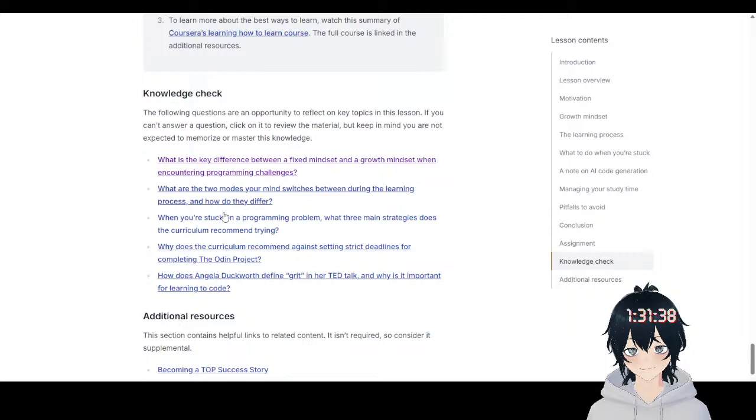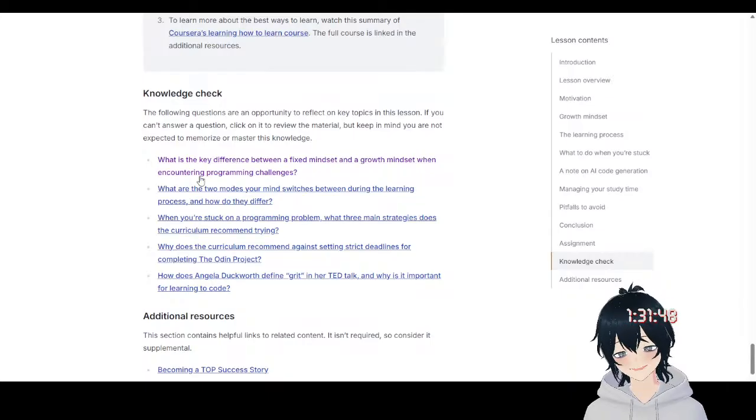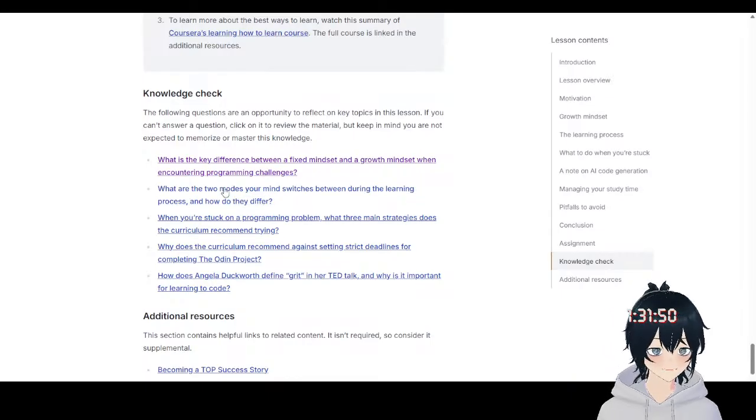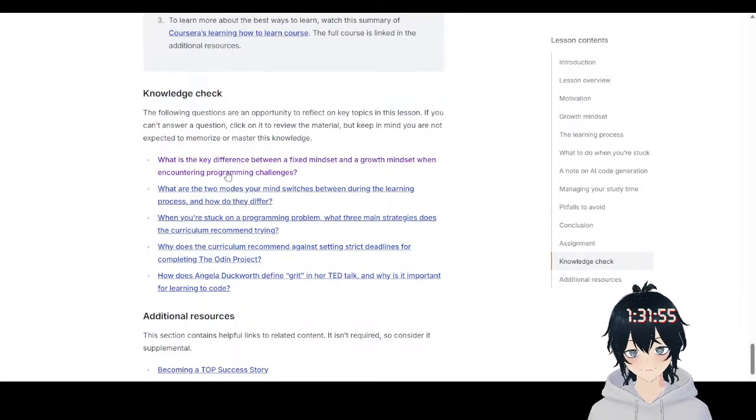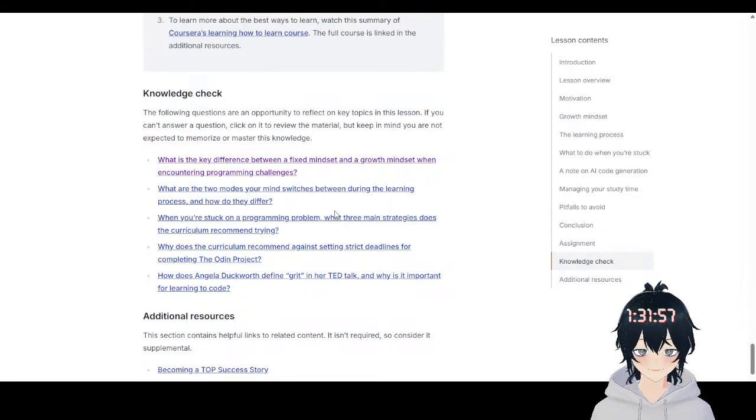Diffuse and focus, yes, okay. How do they differ? Diffuse is to connect your thoughts. Focus is to learn something new? That's what programming actually means. Google, and what? Oh, ask for help, yes.